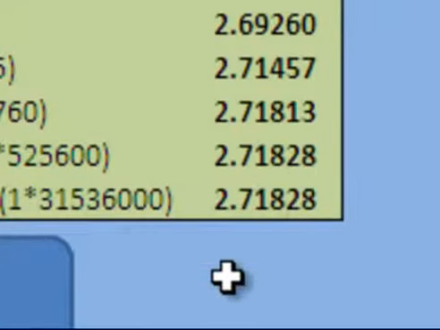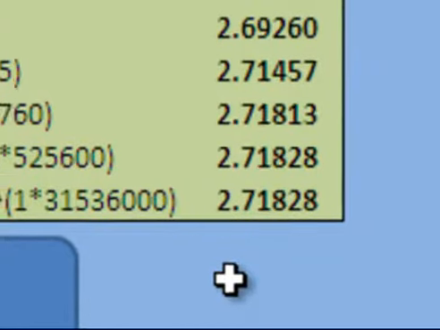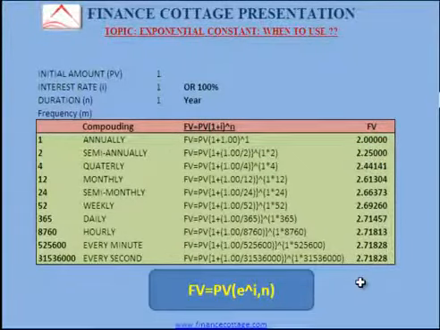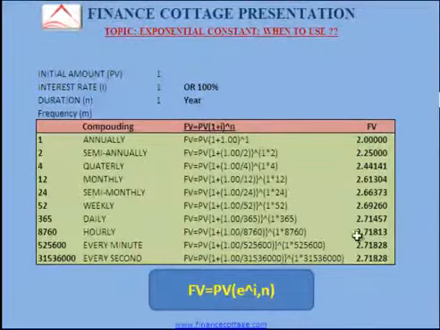constant. Exponential constant actually represents the continuous compounding concept, where the interest is compounded infinite period of times in a year. So to represent the infinity, you can yourself see that as we reach infinity, the future value of $1 reaches 2.71828.